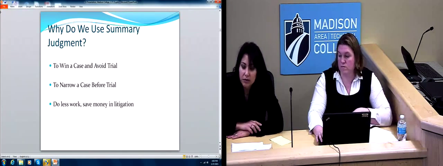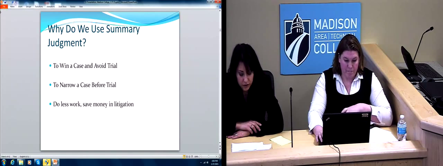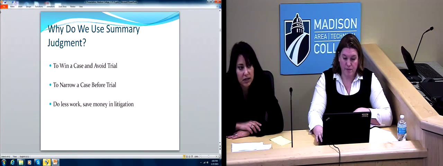So, why do we use summary judgment? To win a case and avoid trial. We want to try to stop the lawsuit in its tracks before it goes to the very time-consuming and expensive phase of pretrial and trial. Another reason we use summary judgment is to narrow a case before trial. So we might be able to get certain claims dismissed or certain defendants dismissed.